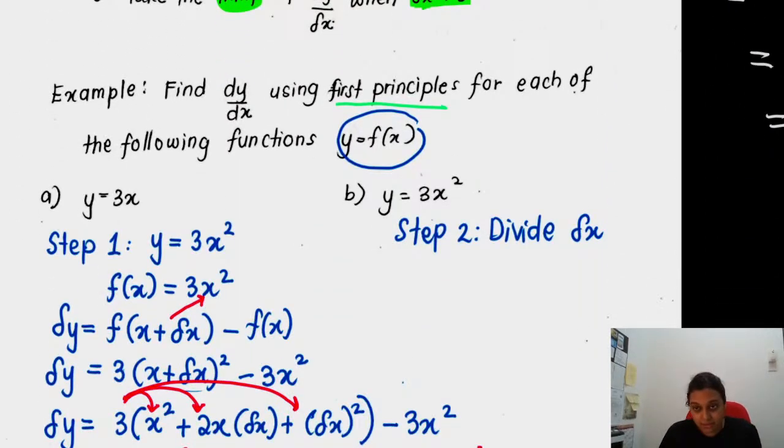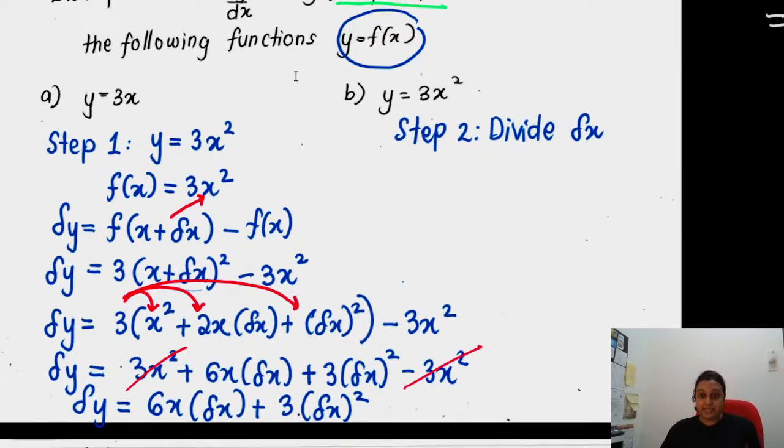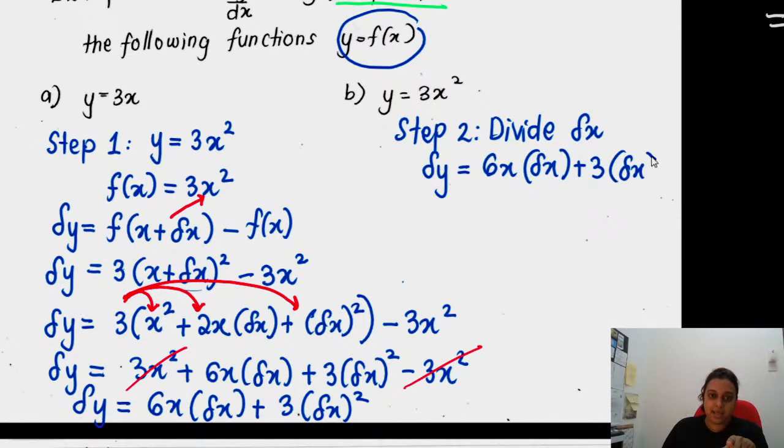Divide by delta x. Now take just now your answer, the delta y: 6x delta x plus 3 delta x squared. From here we divide the whole thing by delta x on both sides. Here also divide delta x, here also divide delta x.